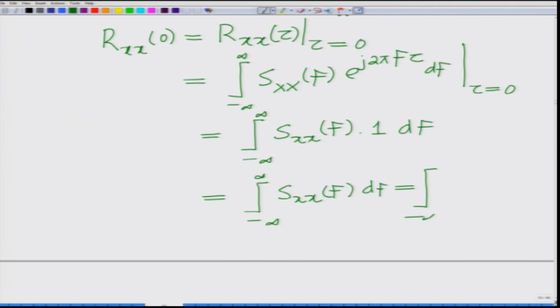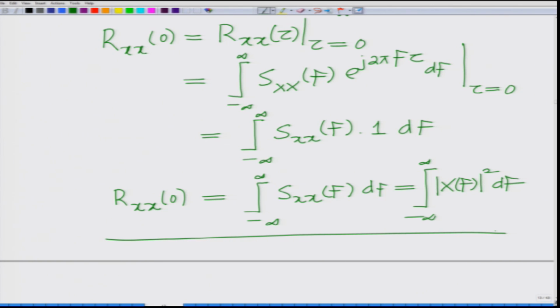But remember Sxx of f is magnitude X(f) squared. So this is the integral from minus infinity to infinity of magnitude X(f) squared df, and this is equal to Rxx of 0.